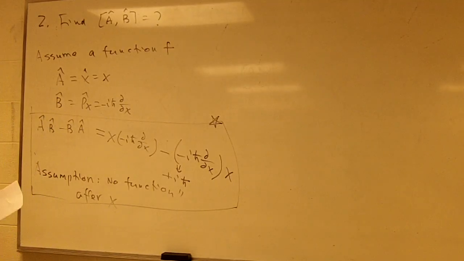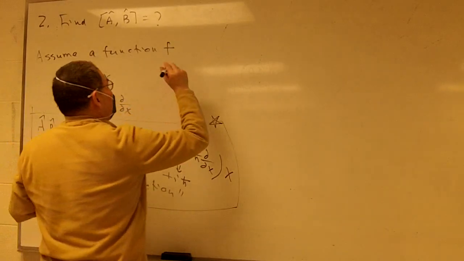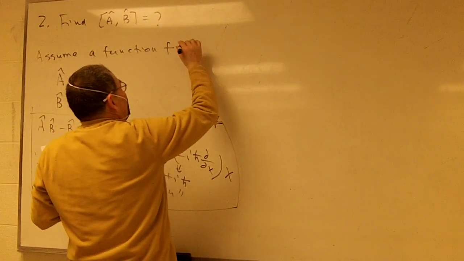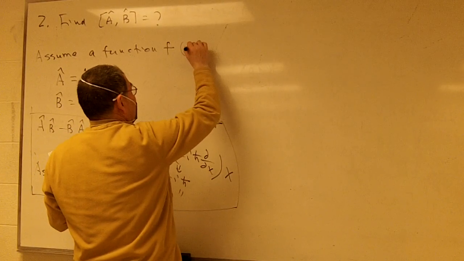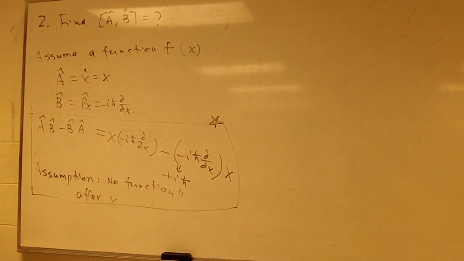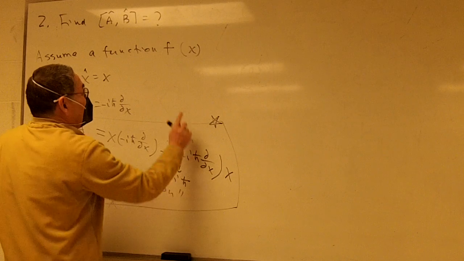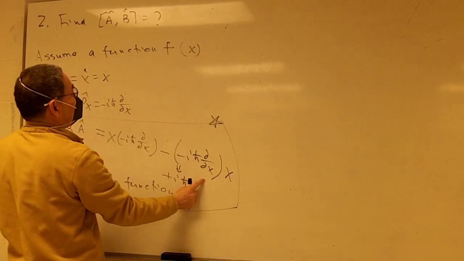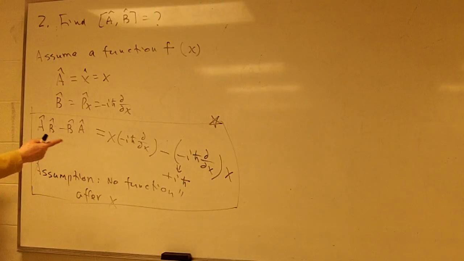And this extra term comes out in the following way. We're going to assume the function depends on the variables. So let's take a variable x. It has a variable x in it. For instance, if I take a partial derivative with respect to x, this function has to have x in it. If you have a y in it, then it doesn't matter because it's a constant with respect to the partial.